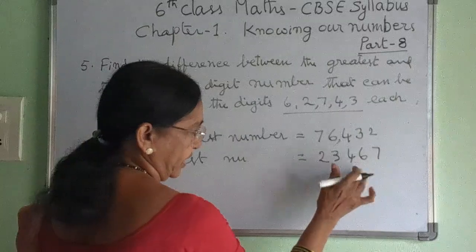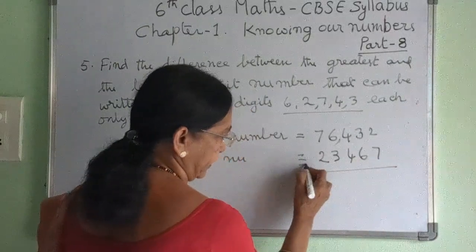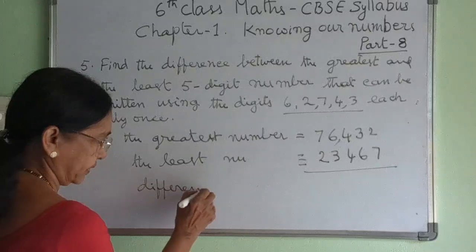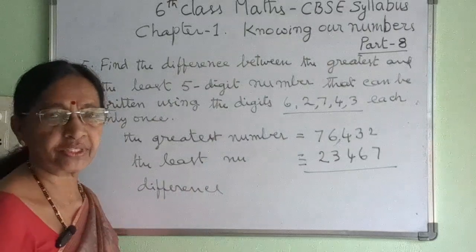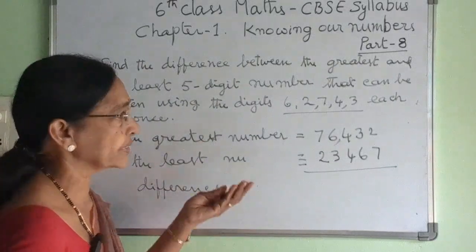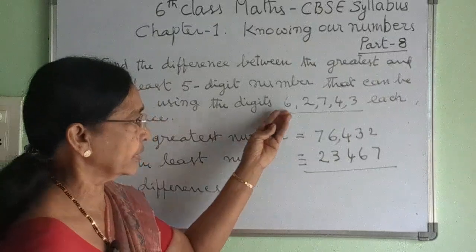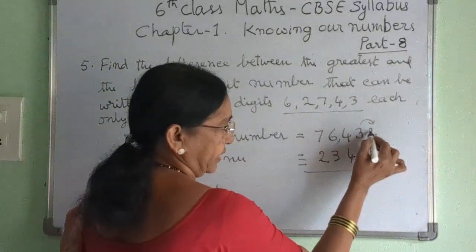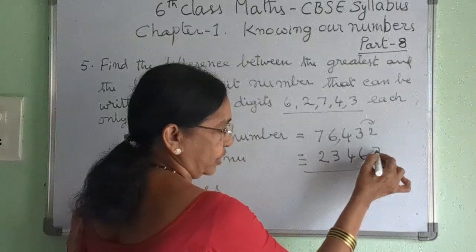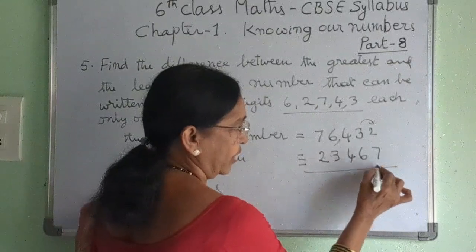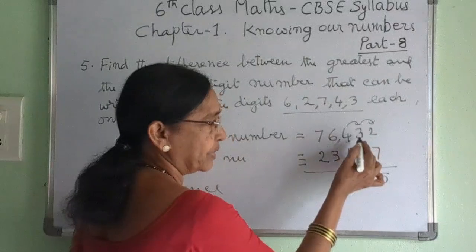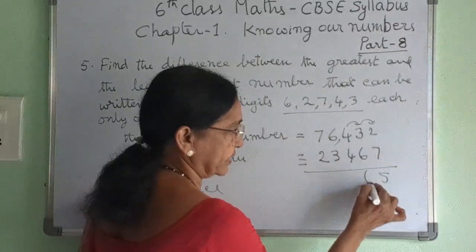So we have to find the difference, subtract. So here 10, 10 plus 2, 12, 12 minus 7, 5, 2 remains. If we bring 1 here, it becomes 10, 10 plus 2, 12, 12 minus 6, 6.